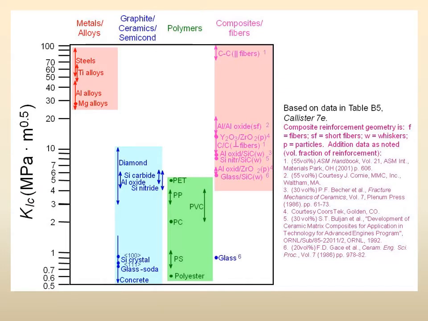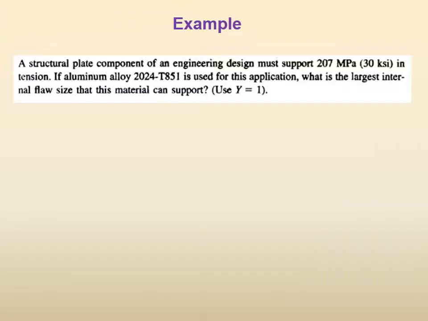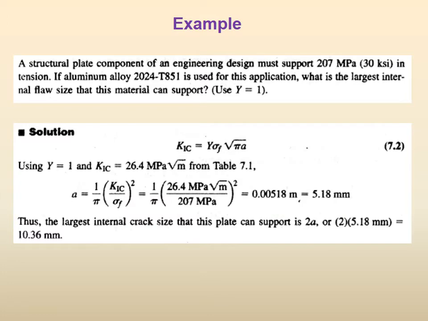Giving you a comparison for fracture toughness values of metals and alloys and ceramics and polymers and composites. Then an example about fracture toughness based on K1 and using the critical value of K1 as K1C. So you solve this example, of course.